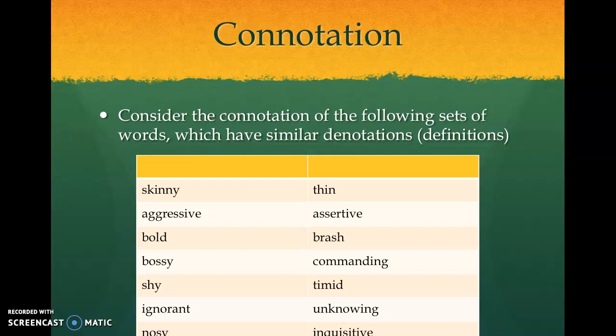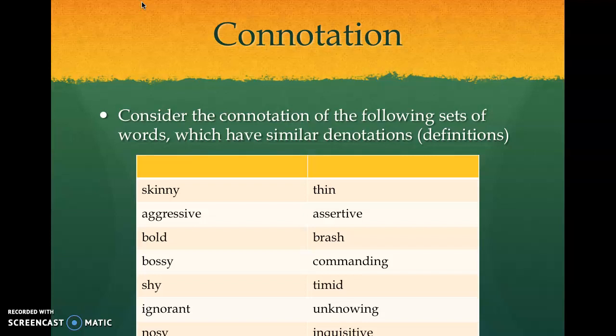So if we look at two words like skinny and thin, the word thin has either a positive or a neutral connotation. We don't really think of anything negative when we think of the word thin, but the word skinny has a slight negative connotation. Same thing with aggressive and assertive.